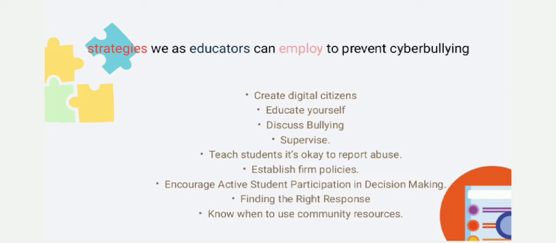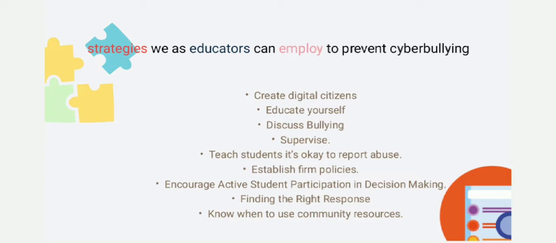Fourth strategy is supervise. Students using computers or other devices in school often have access to the internet and social networking sites, despite efforts to restrict them through filters and firewalls. Teachers who do not properly supervise their students' usage of on-campus computers and personal cell phones allow them to potentially engage in cyberbullying or fall victim to it while on school grounds.